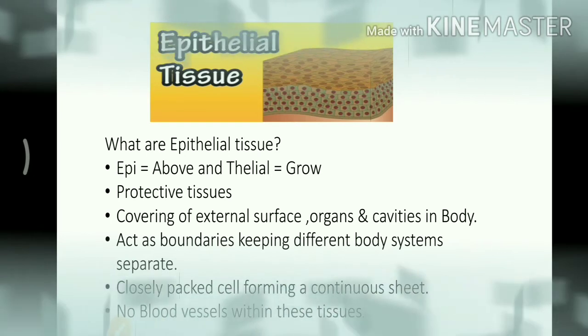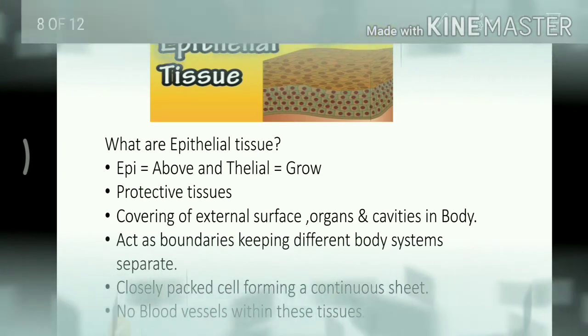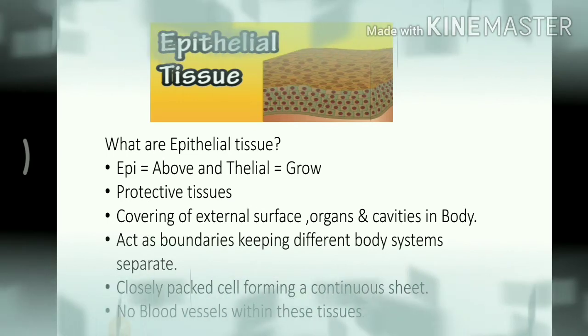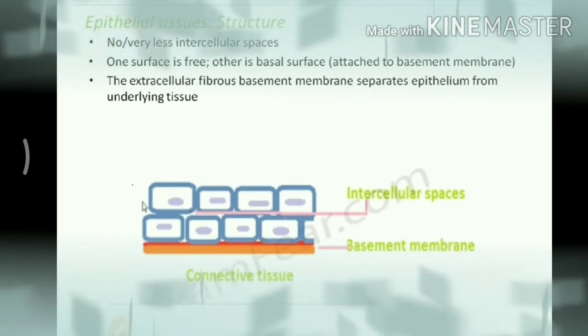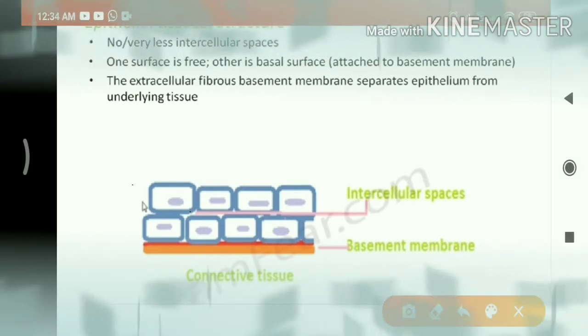Protective, obviously, it is required for protection of all organs, covering the external surface. That is the next speciality of this cell. It acts as boundaries, keeping the different body systems separate. It is very important because the lungs should be separate and the kidney should be separate.